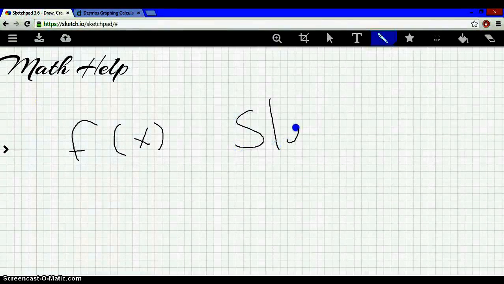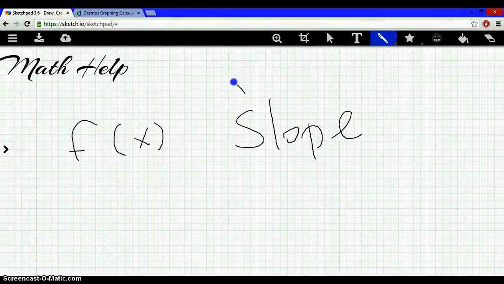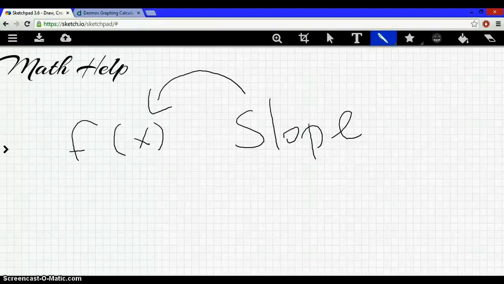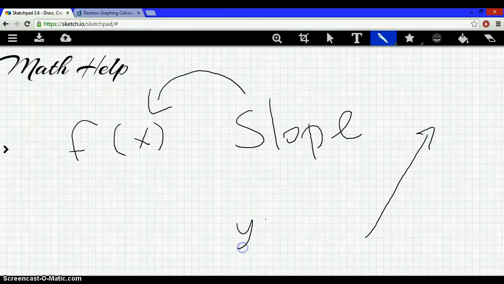Before we do that, let's actually talk about what we can use the first principle for. So in calculus, what we do is we try to find the gradient, so we try to find the slope of the function f(x). If you may remember from linear equations, if you have done these in the past, a linear equation is just a regular line, which can be modeled by the function y equals mx plus b.